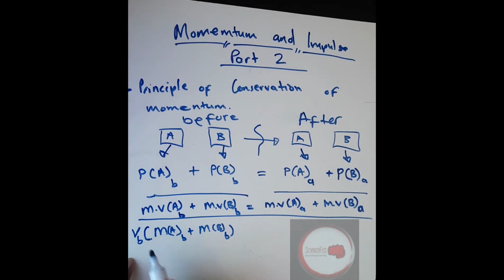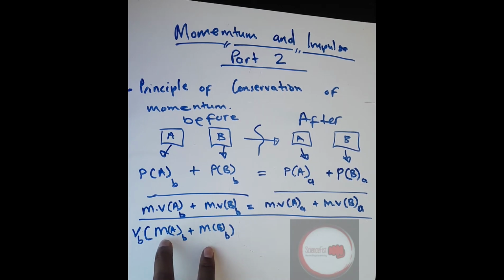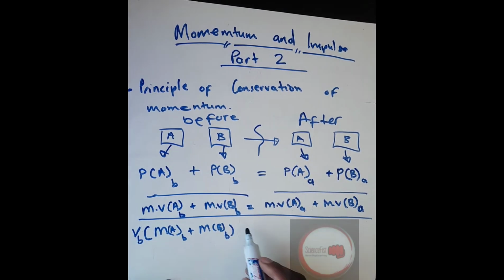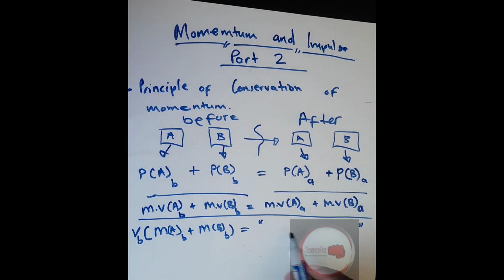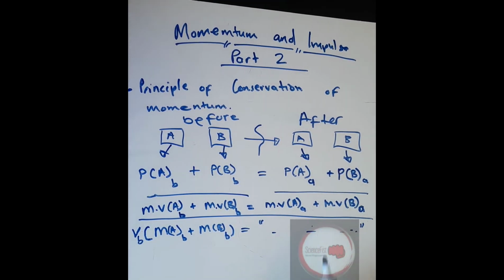V before, because they are a unit, I can factor out their velocity because the velocity will be the same, and then multiply that by the total mass of object A and mass of object B, because these two will not have the same mass. And then if they become separate afterwards, I leave it as that is. Okay, so I'll just put apostrophes here just to say this is the same as that. Does that make sense?